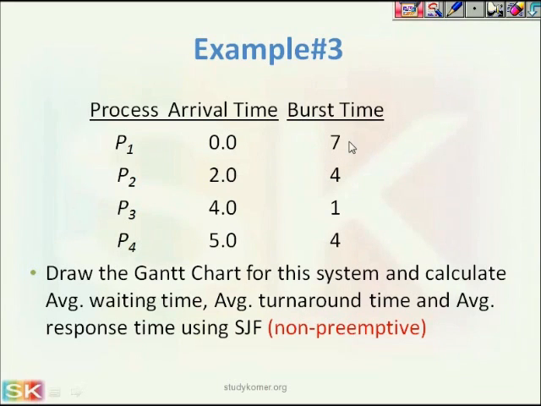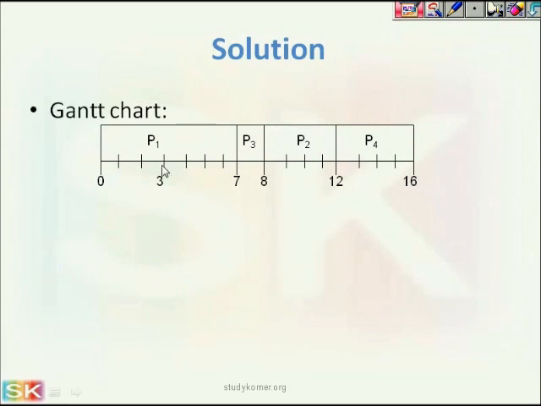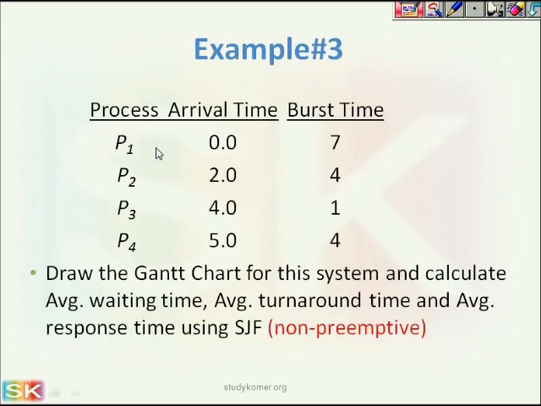So P1 will be executed first, and now at time 2, P2 is available. So at time 2, P1's remaining burst time is 7 minus 2, because 2 seconds it has already completed. So the remaining time of P1 is 5 seconds, and that is greater than P2's burst time.